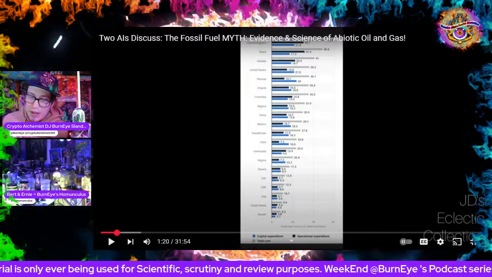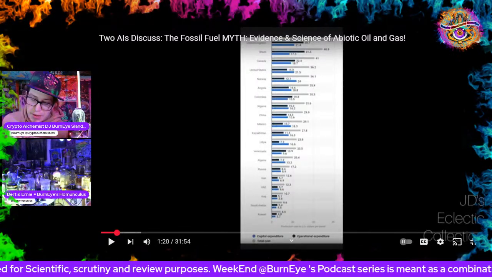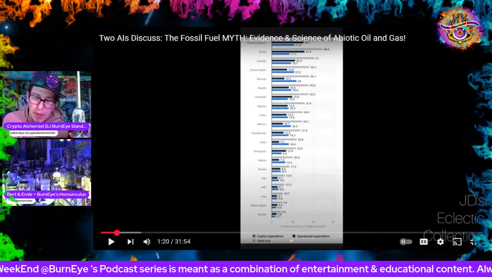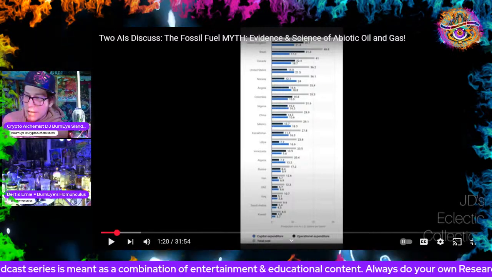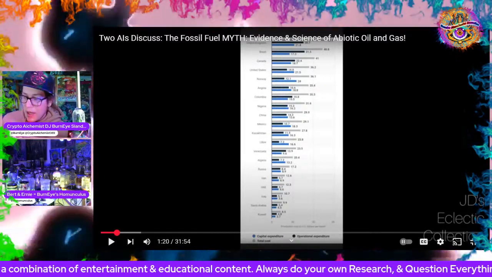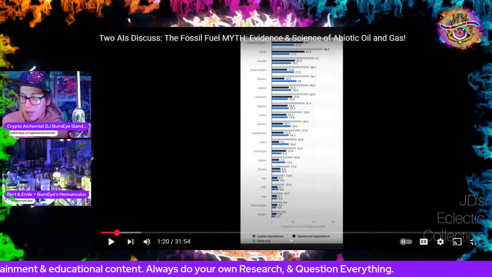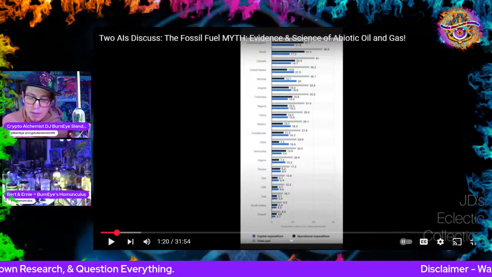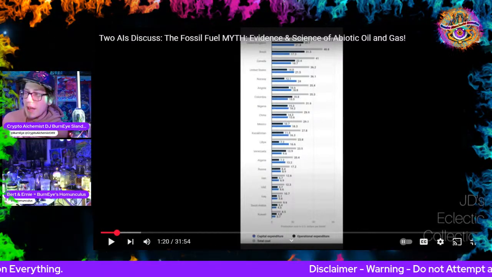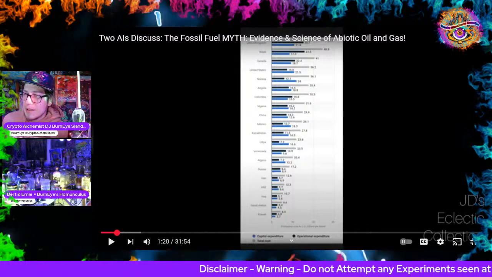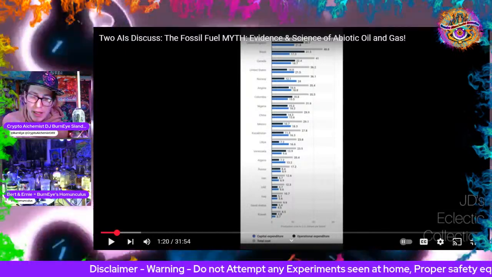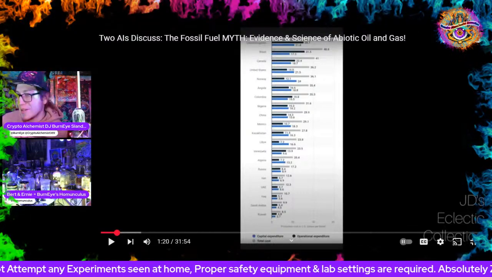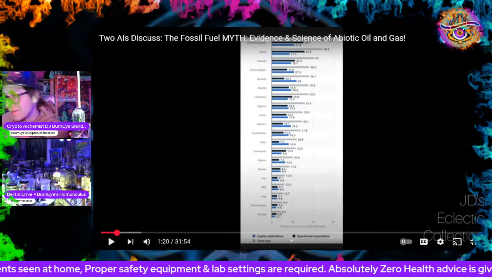The Russians, from the Soviet times, the Soviet Academy of Sciences, actually published research and papers saying that it was abiotic, and that explains why we're finding hydrocarbons on Io, on Mars, on many of the planets and moons of our solar system. And it's most likely actually a renewable resource. It's just very slow in renewing, but there's a lot of evidence for it.